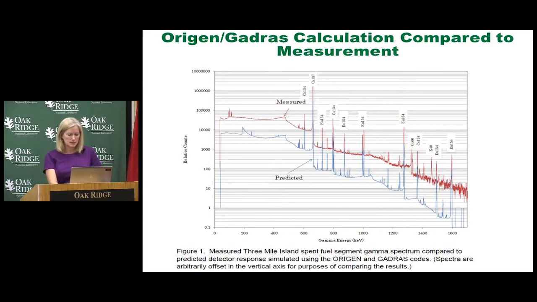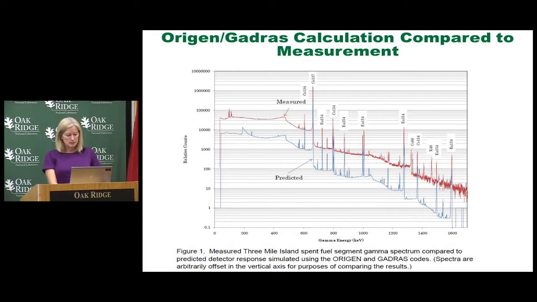Here is an example of an actual gamma measurement. In the red are the isotopes that you can see, the fission products, mostly europium-154, cesium-134, and cesium-137. The fuel is about 15 years old, so these are the easiest to measure.